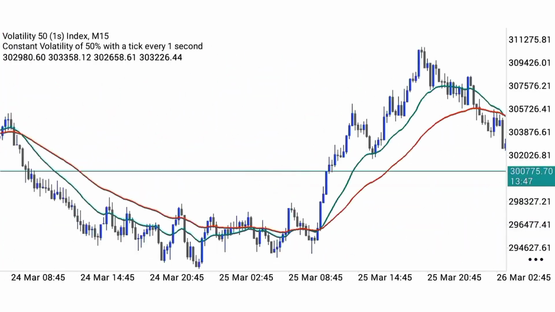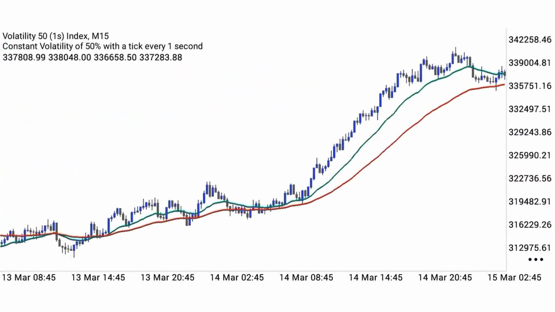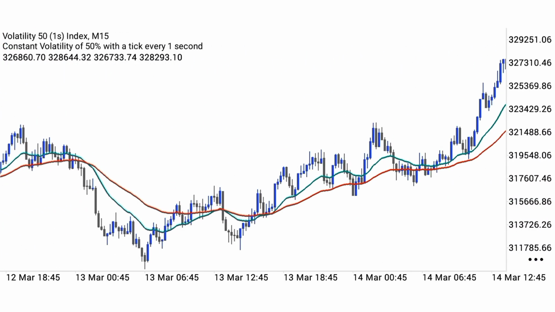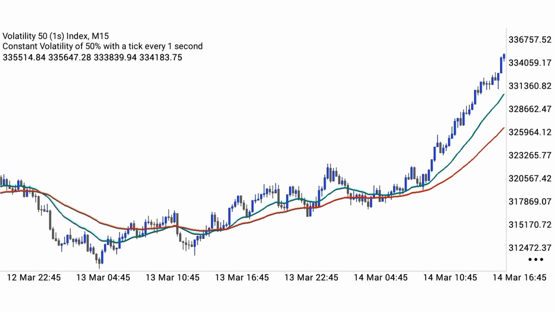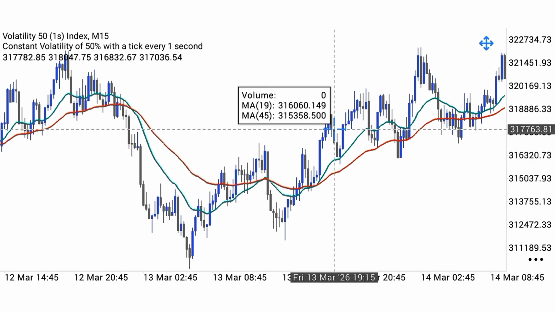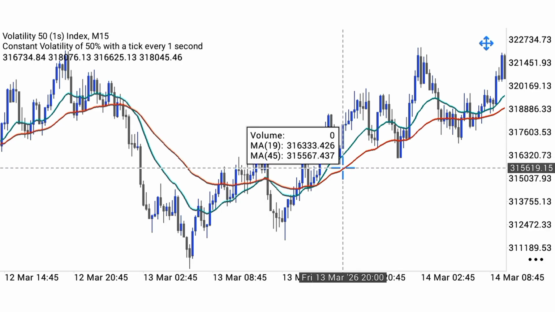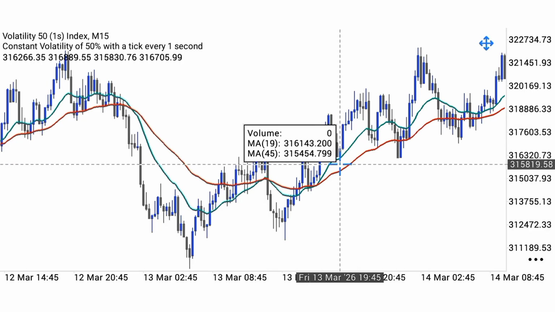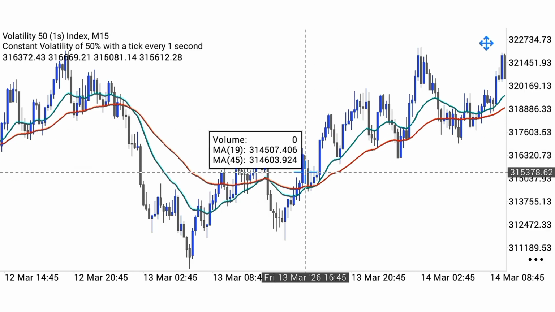Let's do a back test of this strategy. Let's start from here. Let's look for trading signals. Now this one could have been a good signal, but it was not an engulfing candle, and it was not a pin bar.